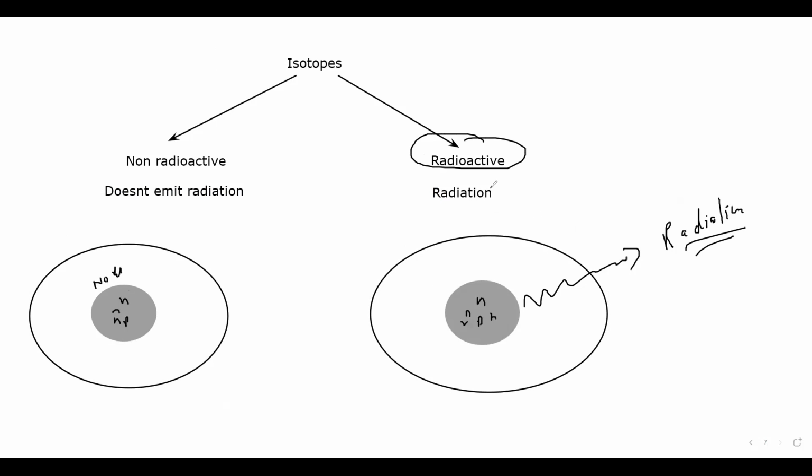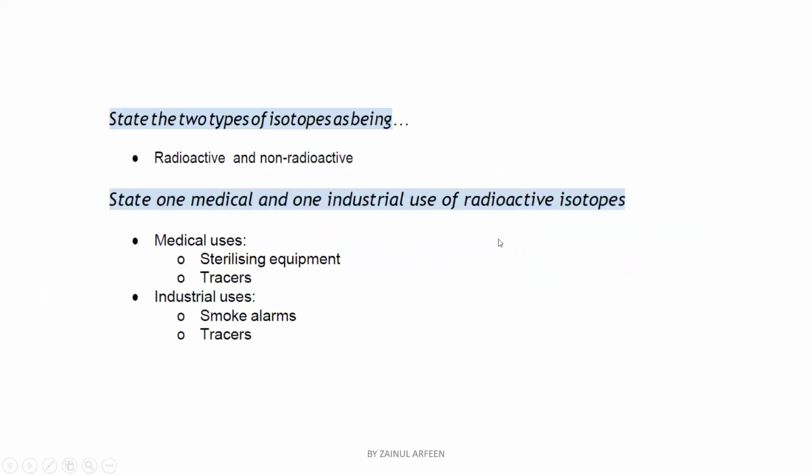So you have to just learn the uses of radioactive isotopes. These radioactive isotopes are used for treatment of cancer. So there are two types of uses, one medical and one industrial use of radioactive isotopes. What is a medical use? To sterilize equipment. Sterilize equipment means it's used to kill bacteria.